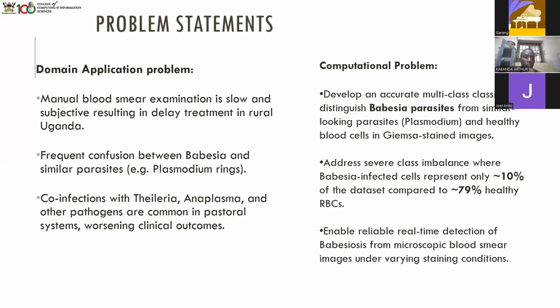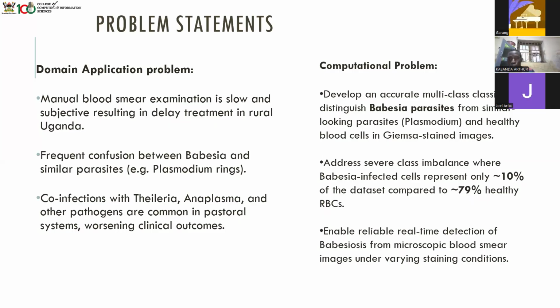Manual blood smear examination is slow and subjective, resulting in delayed treatment in rural areas. Babesiosis is frequently confused with Plasmodium rings. We have other co-infections like Theileria and Anaplasma and other pathogens that are common in these systems that worsen the clinical outcomes. So that's all about our domain application.